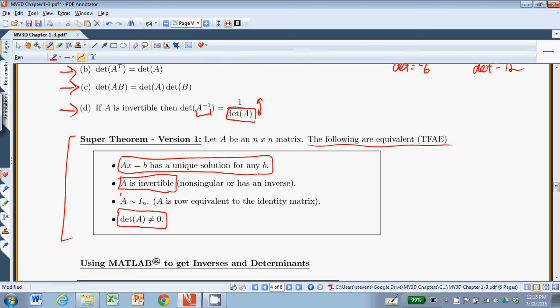That is the same as saying you can get the identity matrix from A through a sequence of row operations. So if you get one, you have them all. And that's great, because if I can find the determinant and it's not 0, I've got a unique solution for any equation of that form. It means that it's invertible and it's row equivalent to the identity matrix, which is less important.